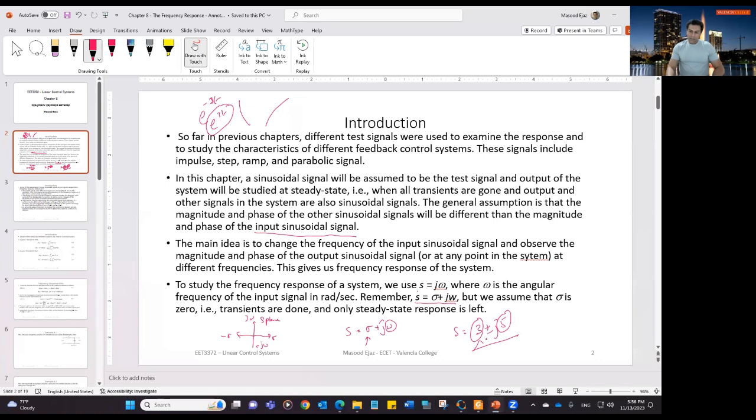Remember, if you have a signal sigma plus j omega, and these are the two poles of your output, then when you convert it into time domain, you're going to get a signal e to the power 3t cosine of 5t, with whatever your magnitude, 5t plus theta.